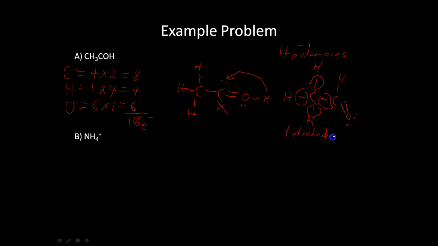Go back to those tables if you didn't remember that. Eventually you're going to have to memorize those tables, but at this point I'm just going to give it away. This carbon has 1, 2, 3 electron domains. Remember, the double bond counts as a single electron domain, so that's 3 electron domains around this carbon. That one is called trigonal planar.